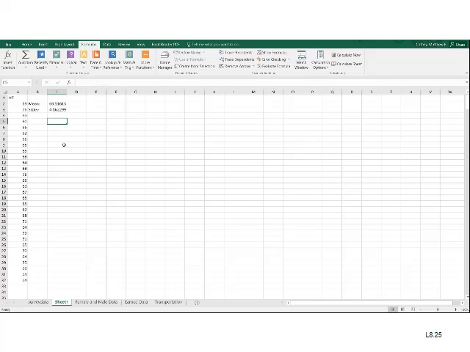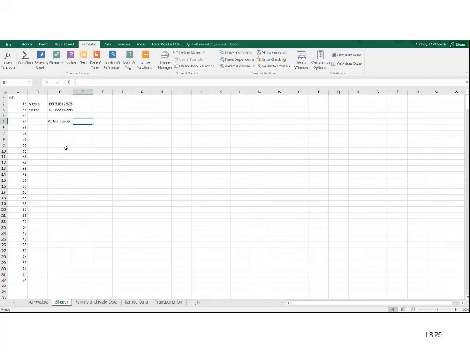So let's say we have a student whose actual value is 72 inches. What's the z-score? To find the z-score, remember we need a formula. We take the actual value, we subtract the mean, and we divide by the standard deviation. Since this is going to be a formula, I'll start by typing the equal symbol.